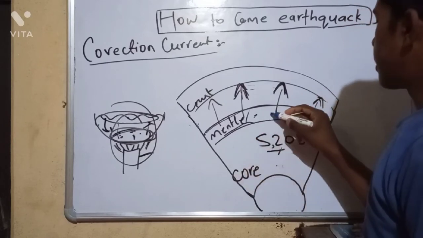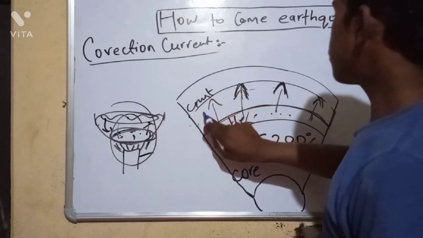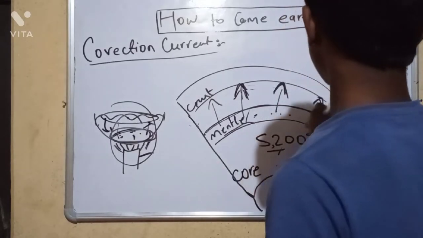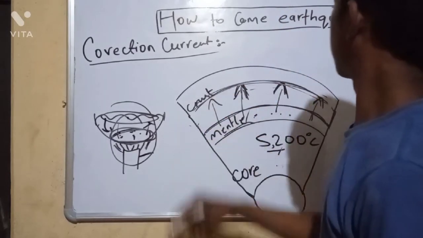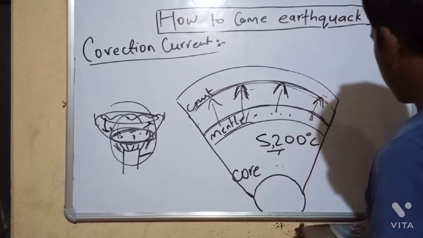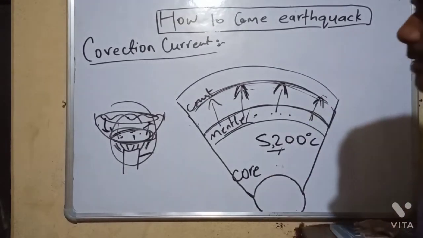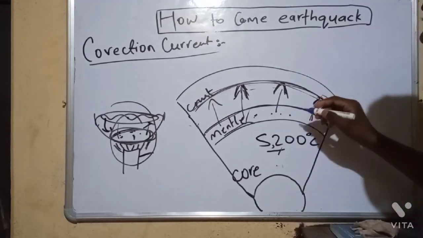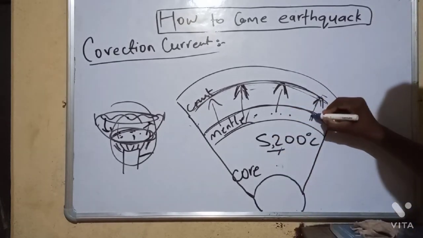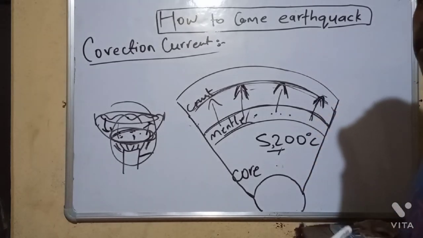Because of the warm mantle material, our earth's plates, the tectonic plates present on the crust, are pushed. So what happens is it pushes the tectonic plates, and due to pushing, our tectonic plates move.